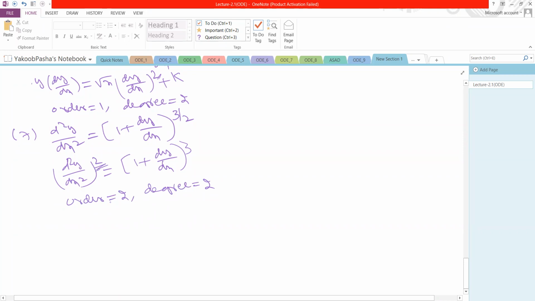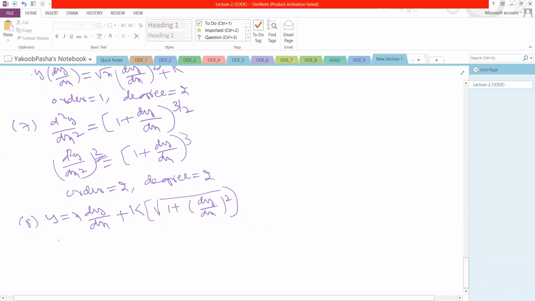I am taking another example. y is equal to x into dy by dx plus k into under root of 1 plus dy by dx whole square. This is the differential equation. First, we have to eliminate the square root.